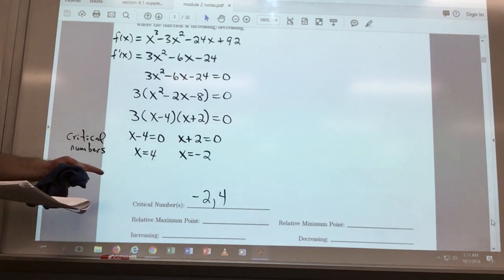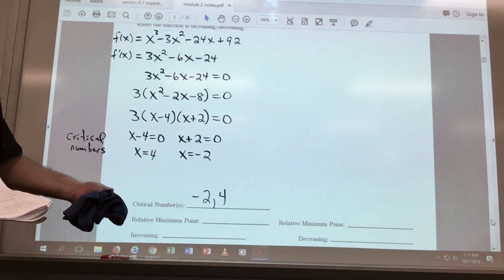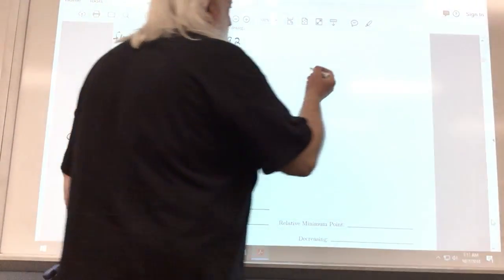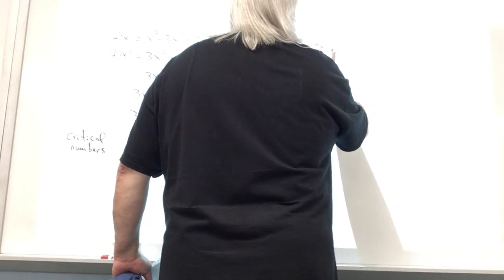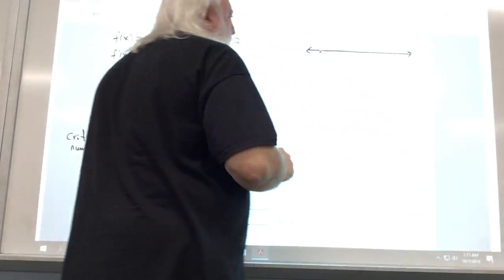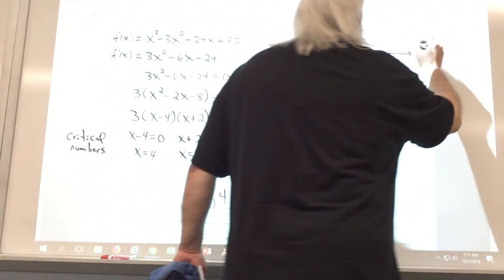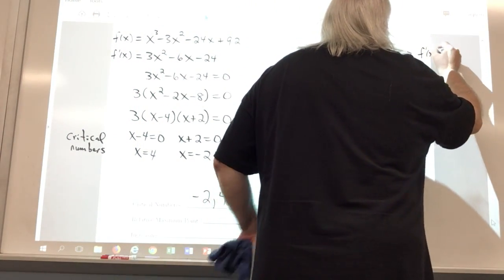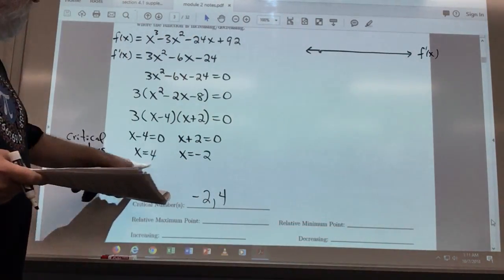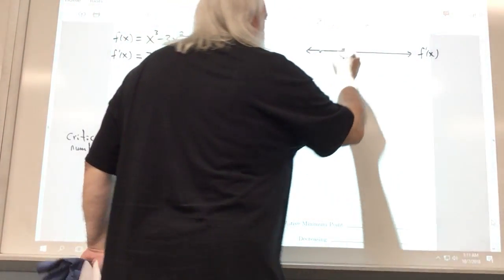Now, to find the intervals of x where the slope is positive and where it's negative, we do a test point method. So we're going to take the real number line. It's a polynomial, so the domain is all real numbers, and our test point method is going to be applied to f prime of x. We use the two critical numbers to split up the real number line into intervals.